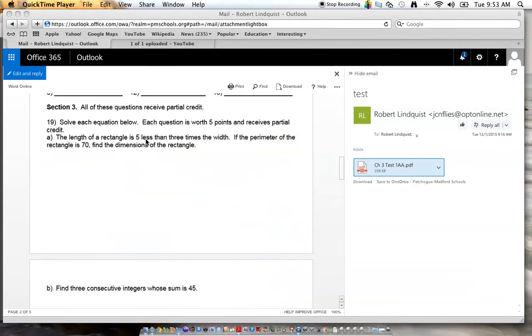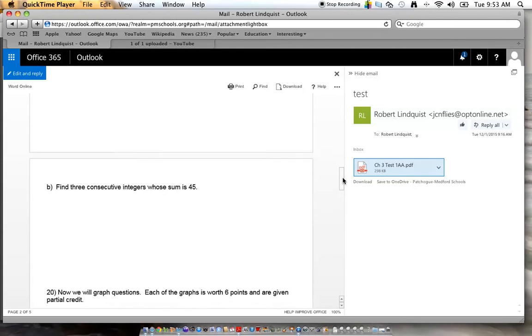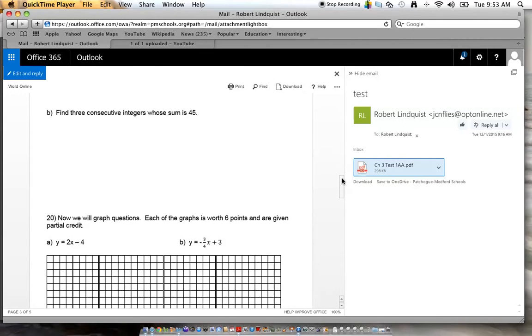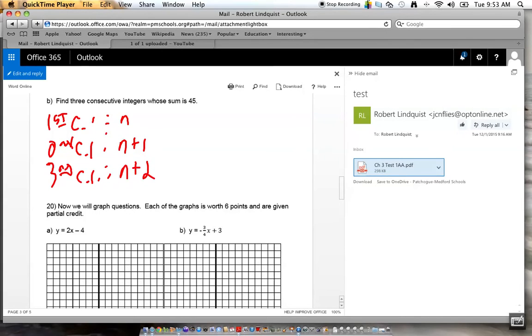Now we get to the next section, and that says to find 3 consecutive integers whose sum is 45. And I've got to go a little bit quick here. There's the first integer, n, and then there's the second consecutive integer, and there's the third consecutive integer, and I'm going to call them n, n plus 1, n plus 2.